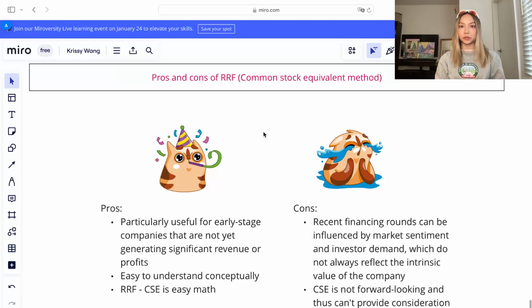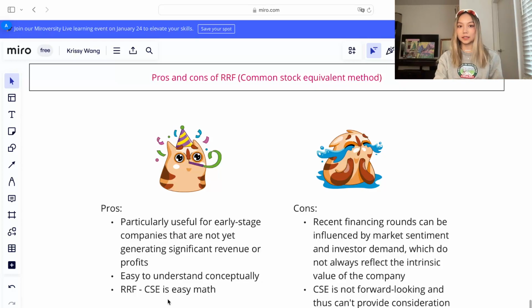You can use the most recent round of financing to establish a more realistic intrinsic value of the company. Second, it is super easy to understand conceptually, right? If your most recent round sold $10 for 10% of shares, then 100% of shares is $100. Easy math.